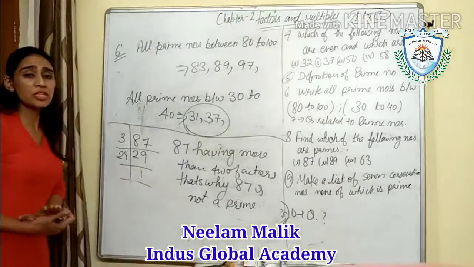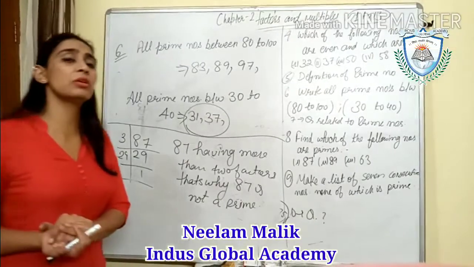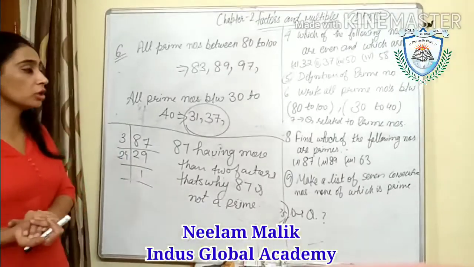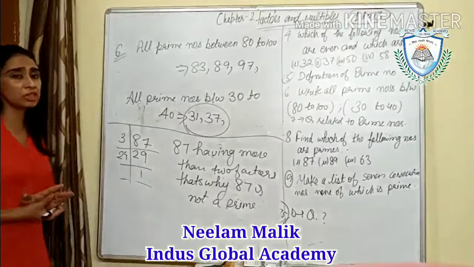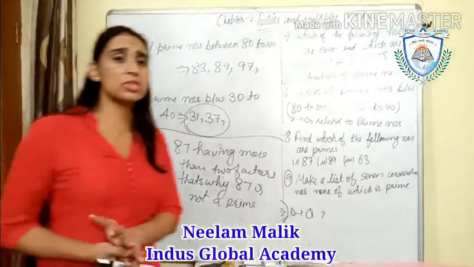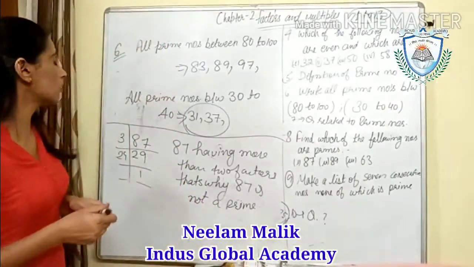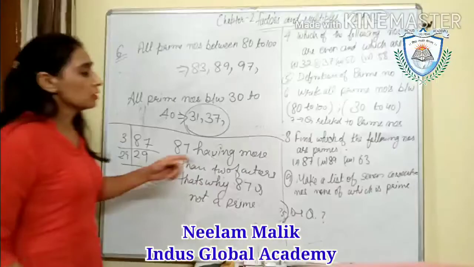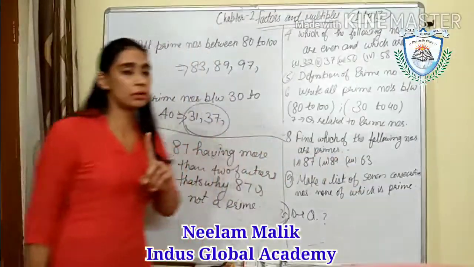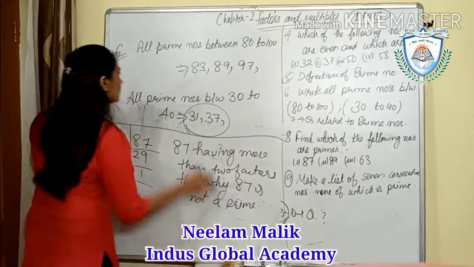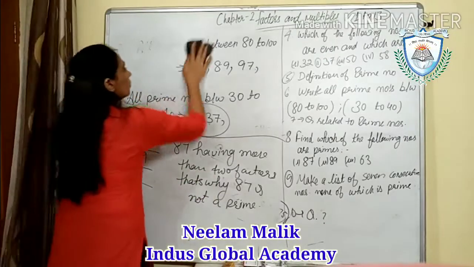63. 63 is divisible by 7, divisible by 9. Okay, so you will do the prime factorization. Or you can write all the factors, means 63 having 1. Okay, let's do it, I will show you how to do that.